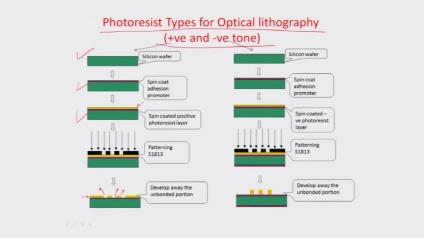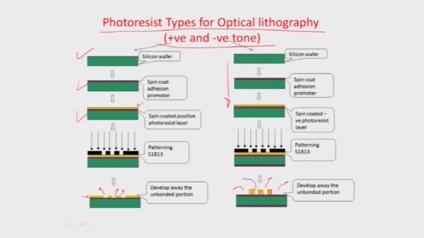So, it goes through the same cycles as you are seeing on the right side here. There is an adhesion promoter, there is a photoresist layer, there is a masking strategy which you have made, and then finally you are exposing selectively these portions, and wherever it gets exposed, the resist stays back because it gets cross bonded, and so you can develop away the remaining areas. Okay, and so basically the features and structures are the ones which are exposed.